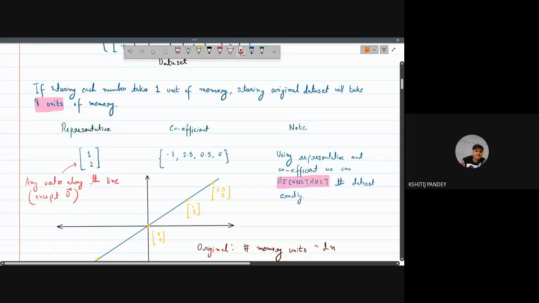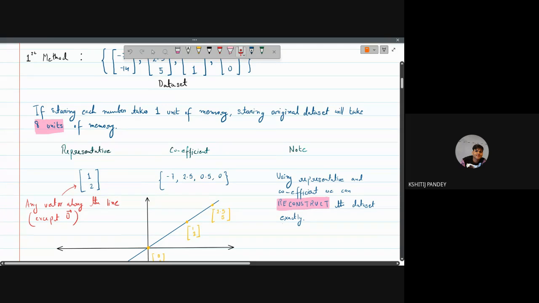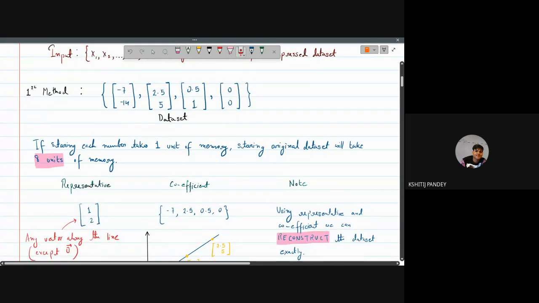One important thing is that any vector along the line can be taken as representative except the zero vector. Using this method, we will be able to reconstruct our original data set by multiplying the vector with each scalar.